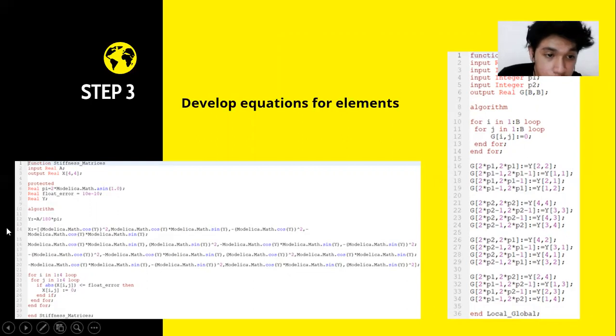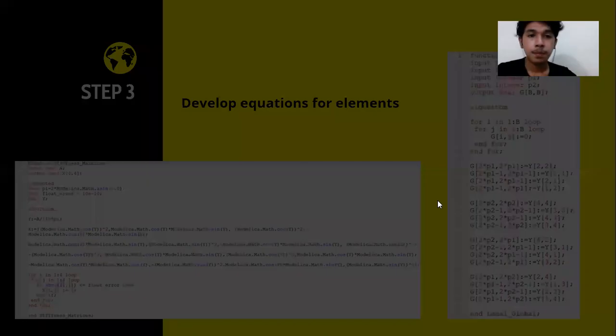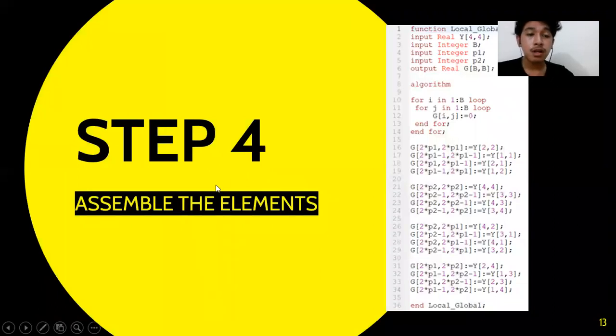So we see here, for example, x equals to Modelica.Math.cos y square, Modelica.Math.cos y, etc. And then in step 4, we assemble the elements. So there are 5 elements known.